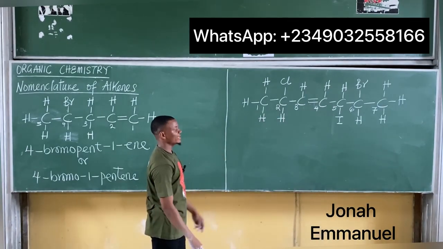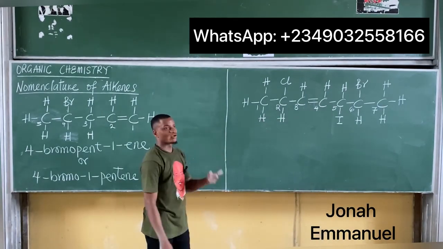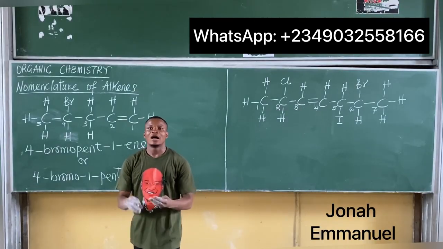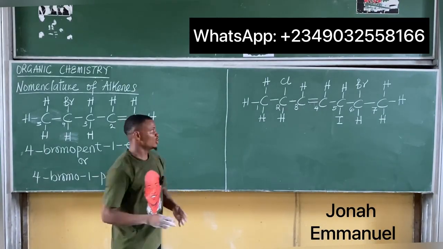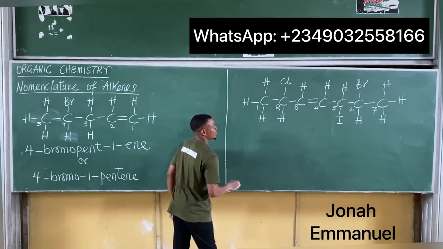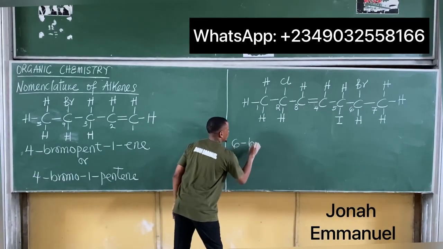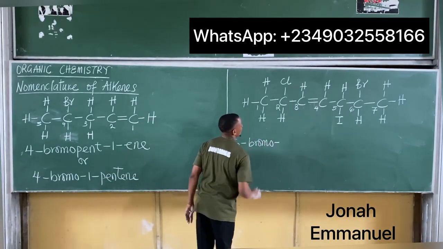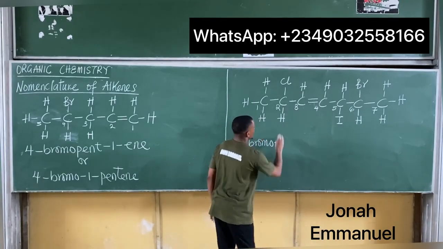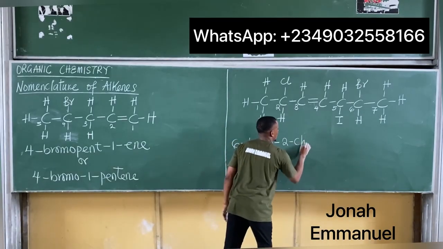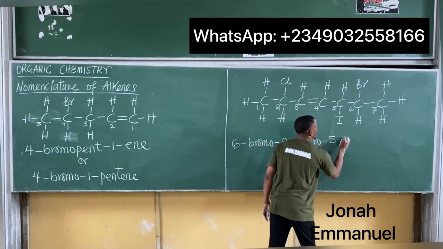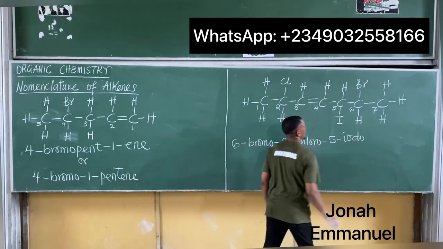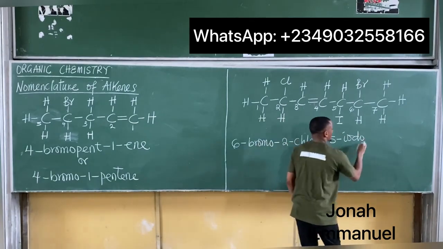Having said that, what next? My substituents here are bromine, chlorine, iodine. I will take them in alphabetical order. So B first. That becomes what there? 6-bromo, 2-chloro, 5-iodo, 7 is hept.